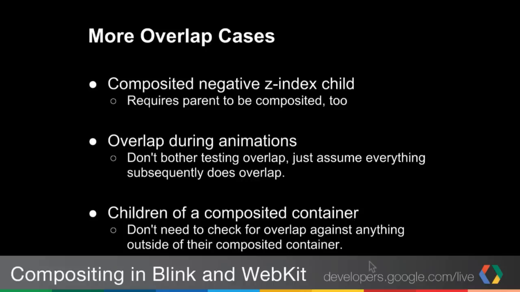And what that allows you to do then is, if you made a stacking context out of a subtree of your DOM, you can feel a little more comfortable that you won't have an explosion of composited layers inside of that subtree. Instead, the compositor will recognize, okay, this is a stacking context. I can make one composited layer for this entire stacking context, and I don't need to check if everything else inside of the subtree overlaps other content.